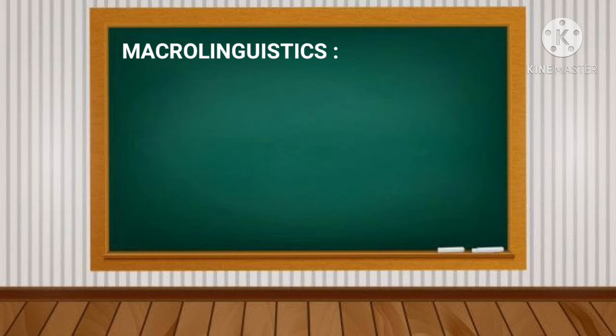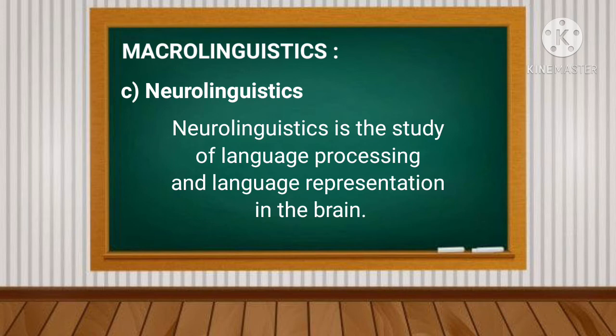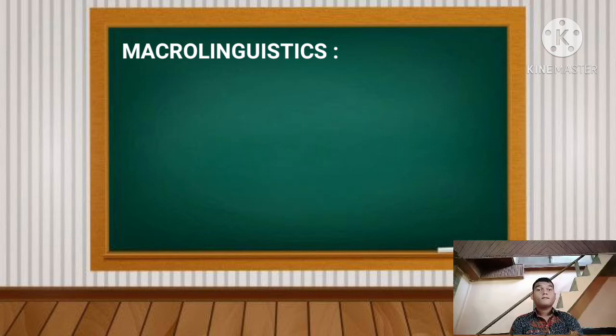Next, neurolinguistics. Neurolinguistics is the study of language processing and language representation in the brain. It typically studies the disturbance of language comprehension and production caused by damage to certain areas of the brain.